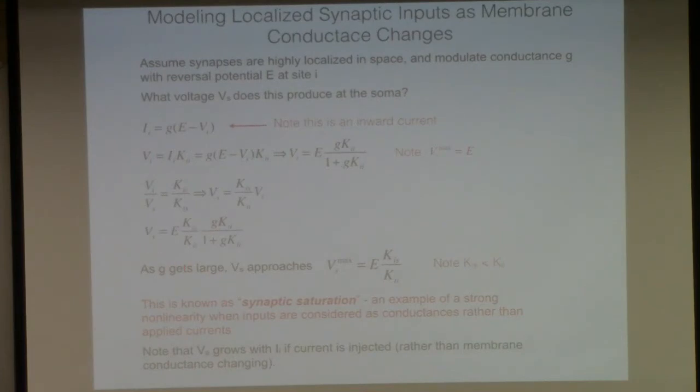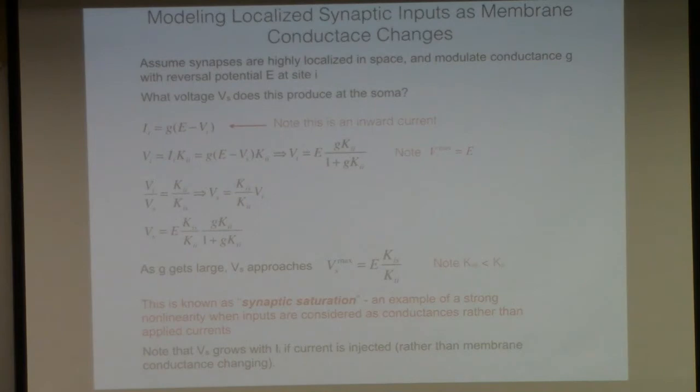Therefore the biggest potential that we can produce at the soma is that value E times K_IS divided by K_II. K_IS is the transfer resistance between the site of the applied conductance change and the soma. K_II is the input resistance at the site of the applied conductance change. So that ratio now scales E.